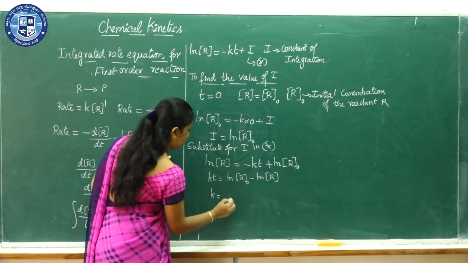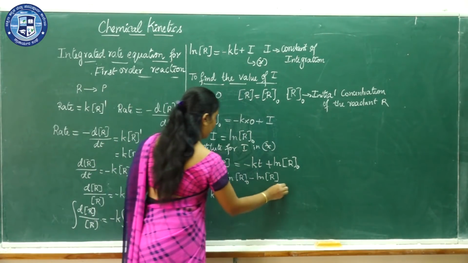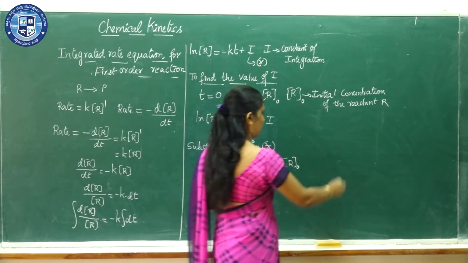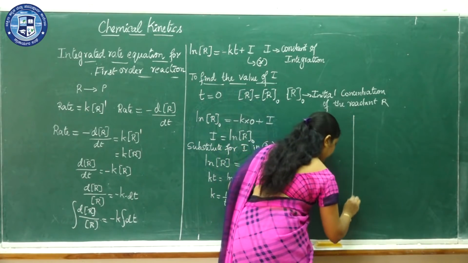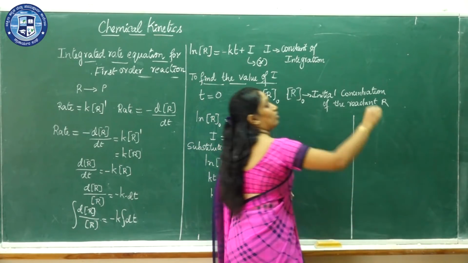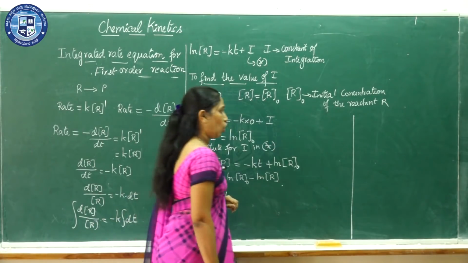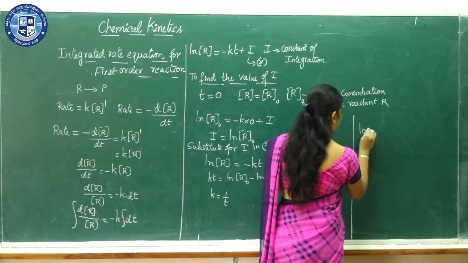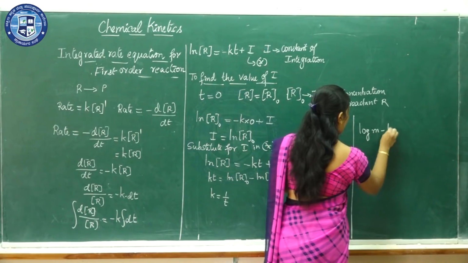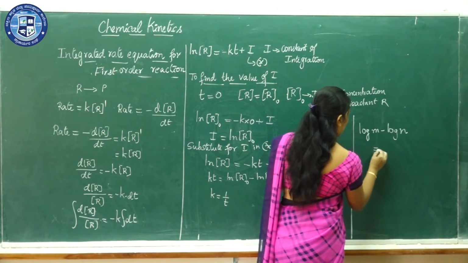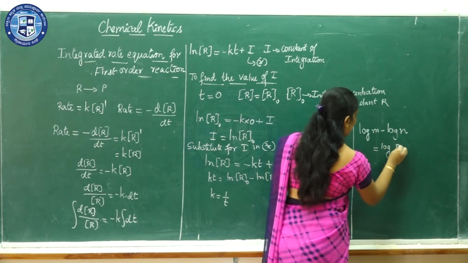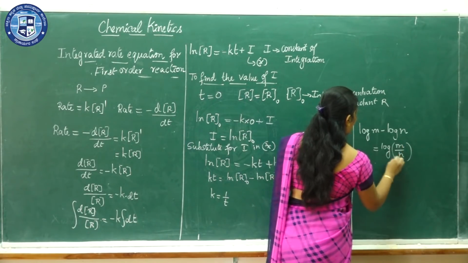K is equal to 1 by T, and we will do something for this. So what is that thing? You might have studied the formula of log. See here, if at all it is like log m minus log n, what it means is you can write it as log m by n.